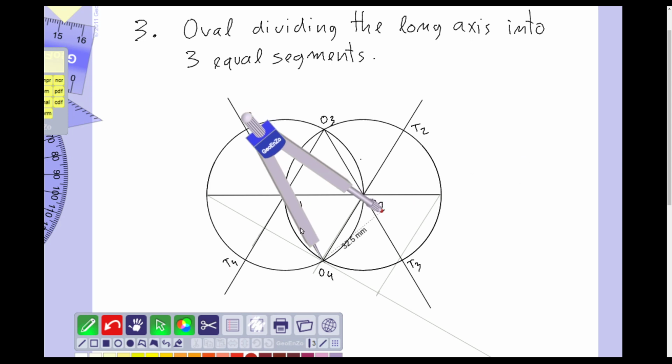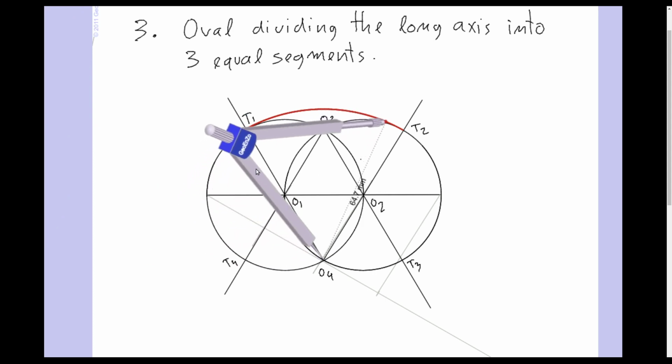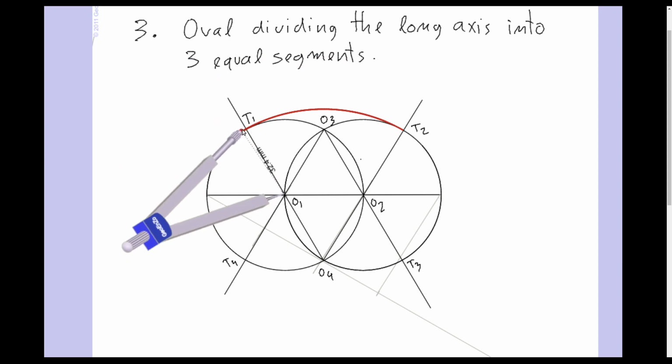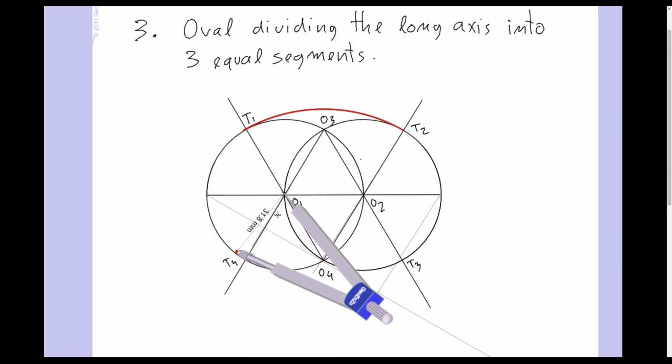And here we go. We're going to draw, first of all, that long arc that goes from T2 to T1, having the center on O4. Then on O1, we're going to draw this little arc. Oh, that wasn't accurate at all.